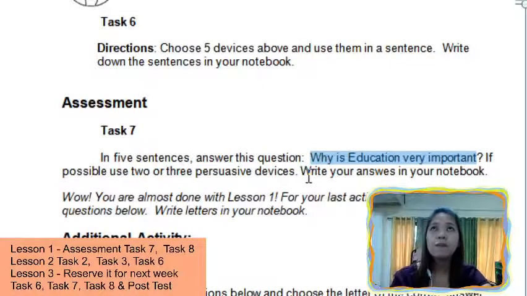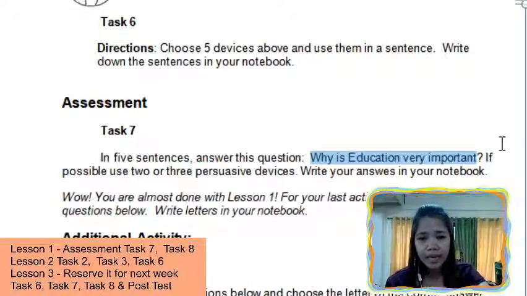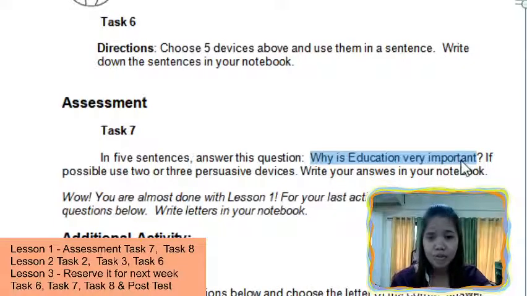So you have to identify what kind of persuasive device you're going to use in each sentence. 5 sentences. You're going to answer the question, why is education very important? So if you want to make a sentence with exaggeration, then you think of an exaggerated statement that would answer that question.